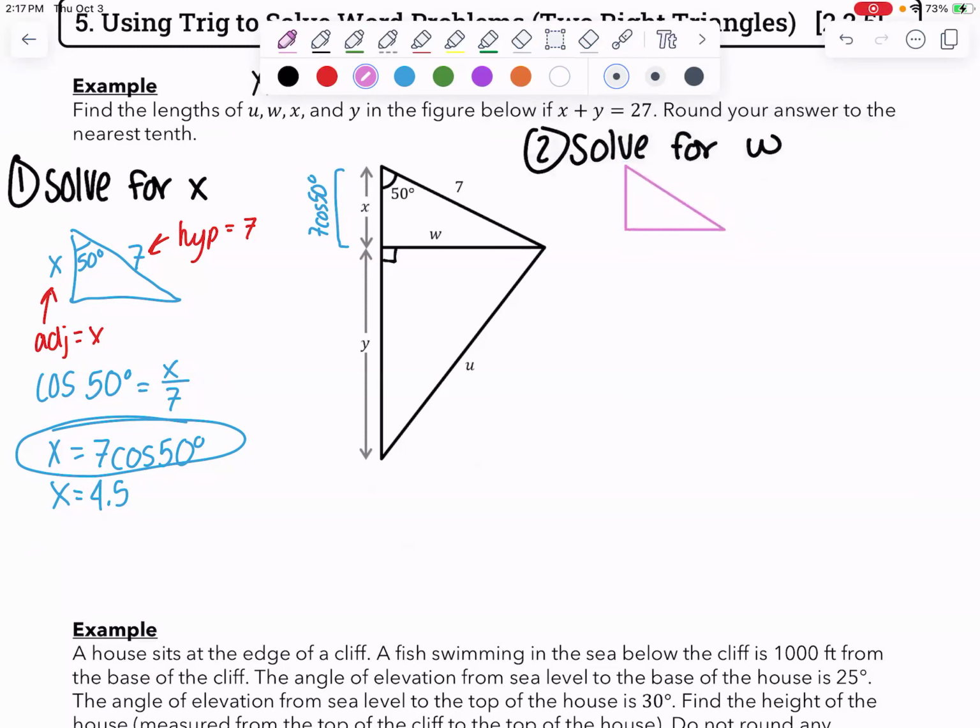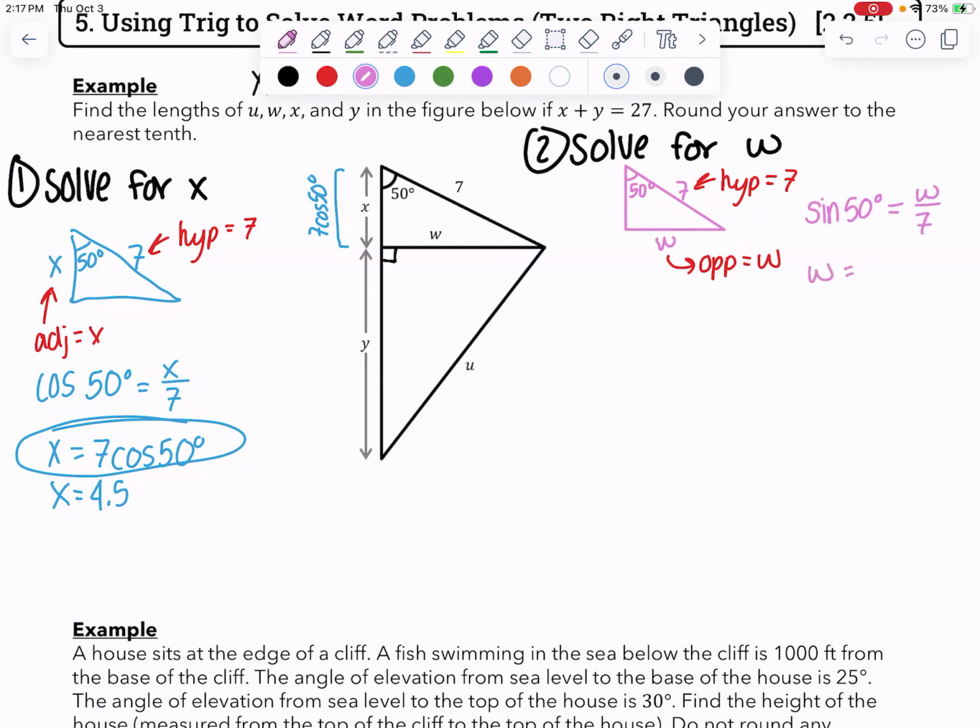All right. This is a 50-degree angle. W's down here, 7's up here. We have a hypotenuse of 7. We have an opposite side of W. Hypotenuse and opposite, that's going to be sine. So we have sine of 50 degrees is equal to opposite W over hypotenuse 7.